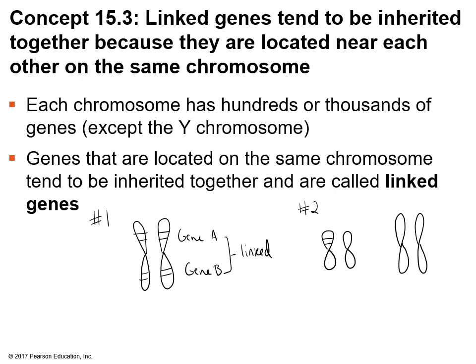If we had the genes on separate chromosomes, it would look like this. So gene A is right here, and gene B is right here. Well, in this case, the genes would be unlinked because they're on different chromosomes.